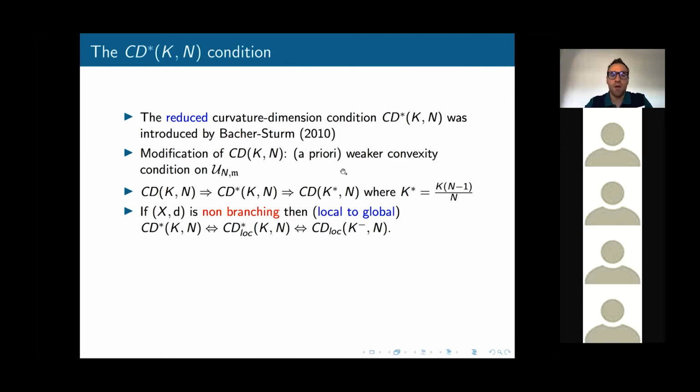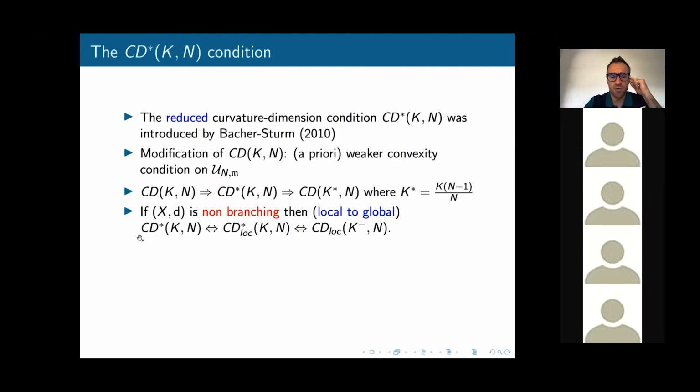So this is just to motivate the local to global problem and to tell you why the CD* condition was introduced. What Bacher and Sturm proved is that if your space X is non-branching, meaning that geodesics do not branch, then the CD* condition satisfies the local to global property.